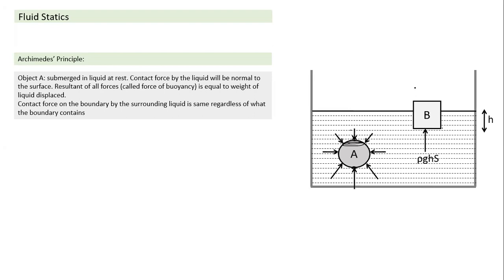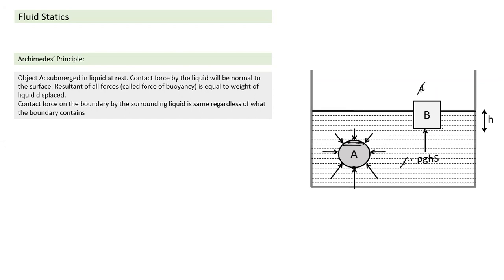On the top also atmospheric pressure is acting, and at the bottom it is atmospheric pressure plus this. So everywhere atmospheric pressure is present, I'm cancelling atmospheric pressure. I'm only calculating gauge pressure. So I'm taking this pressure as 0. The pressure at the bottom is rho g h. So at this level the pressure is rho g h, and this surface is horizontal.